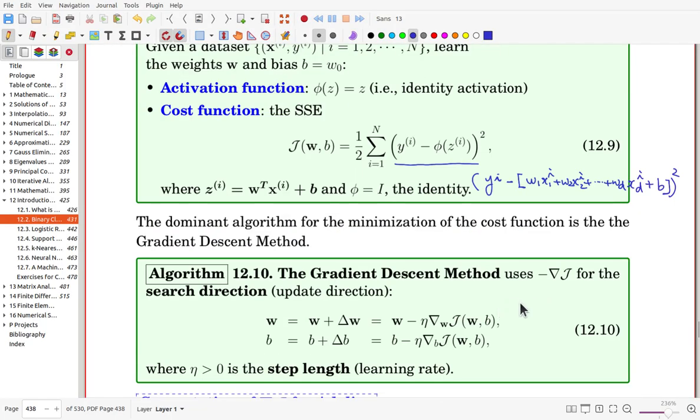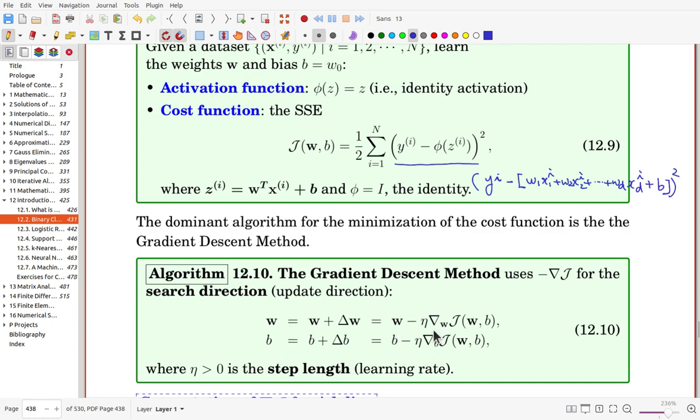Now, for this objective function, we try to use the gradient descent method. The direction is minus the gradient of the objective function. So we'll find here minus the gradient scaled by eta. And for the bias, we are doing the same way.